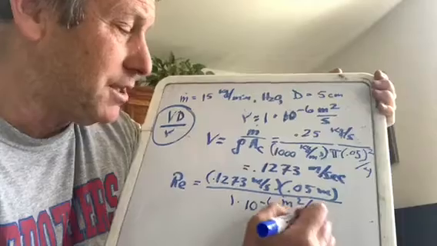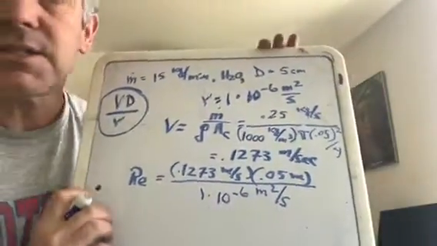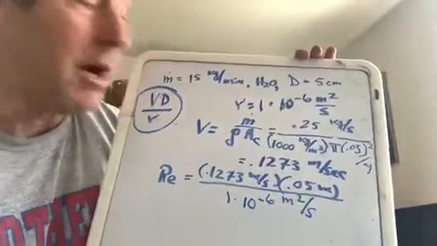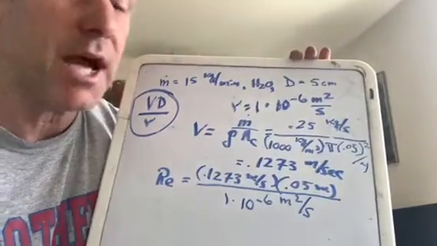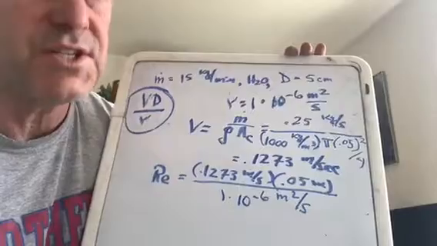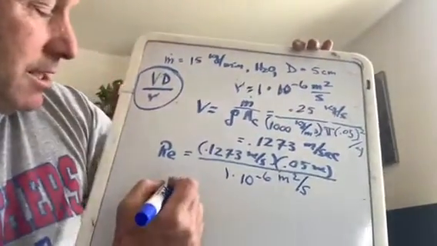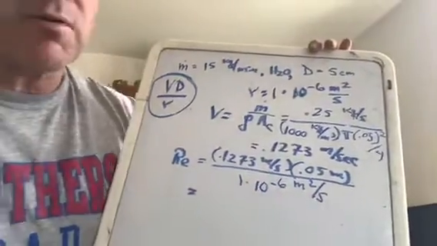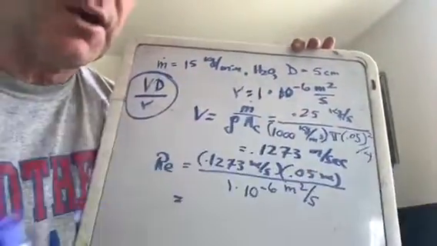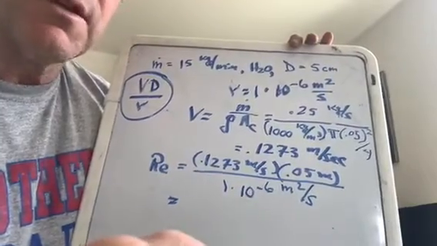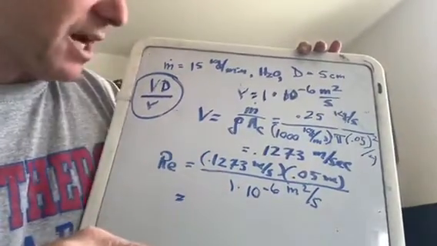It might be interesting at some point to compare that kinematic viscosity to that of carbon dioxide, and you might be surprised that carbon dioxide turns out to have more resistance to turbulence in flow than water. In any case, the point of today is to crank through that and see how that turns out. So speed times diameter, 0.05, divided by kinematic viscosity.